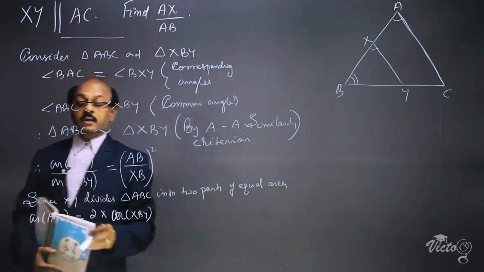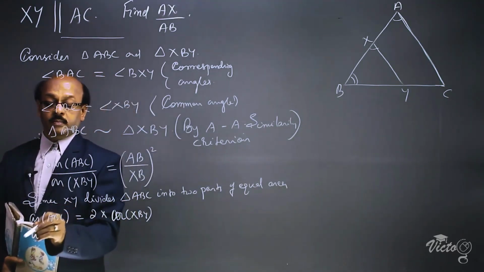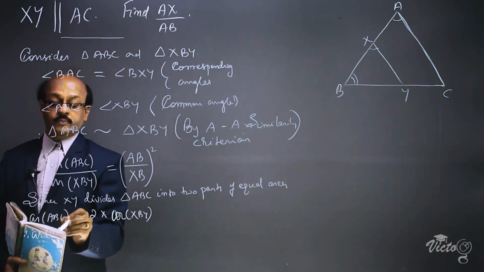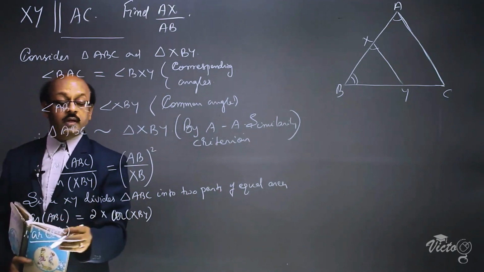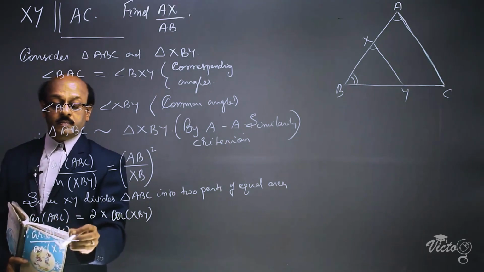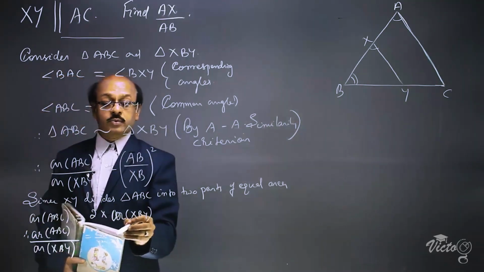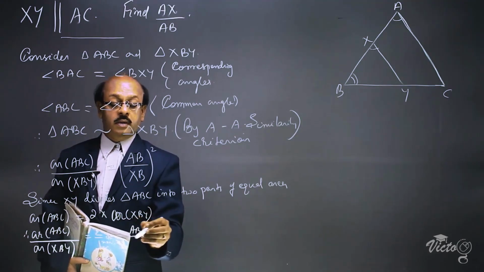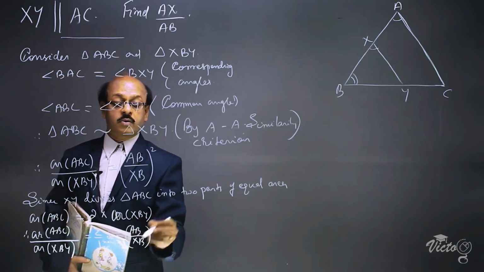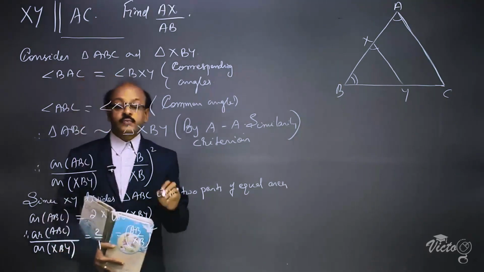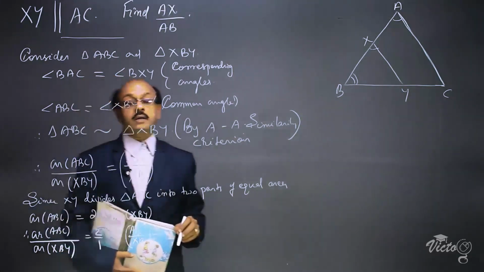Therefore, area of triangle ABC divided by area of triangle XBY is equal to 2 by 1, which is equal to AB by XB the whole square. Therefore, from this we can find AB by XB.